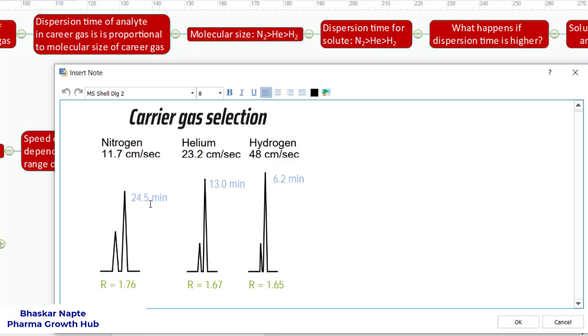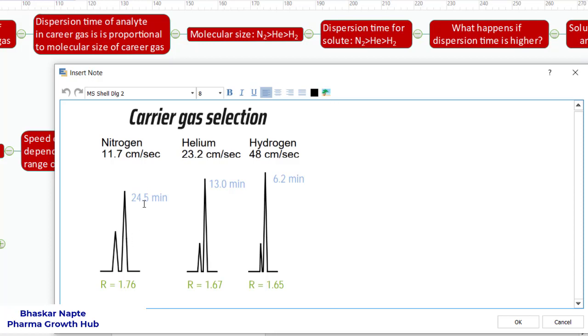So which carrier gas results in fast chromatography? Is it nitrogen? Is it helium? Or is it hydrogen? The answer to this question is hydrogen. In spite of the higher speed and lower retention time, you end up getting a similar resolution as is possible with nitrogen and helium, but with these two carrier gases, you are going to compromise on the runtime.